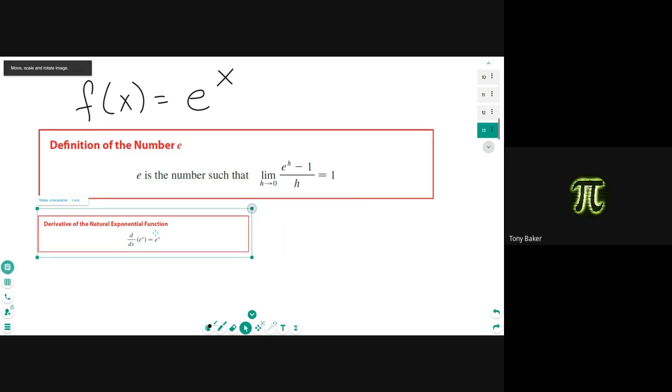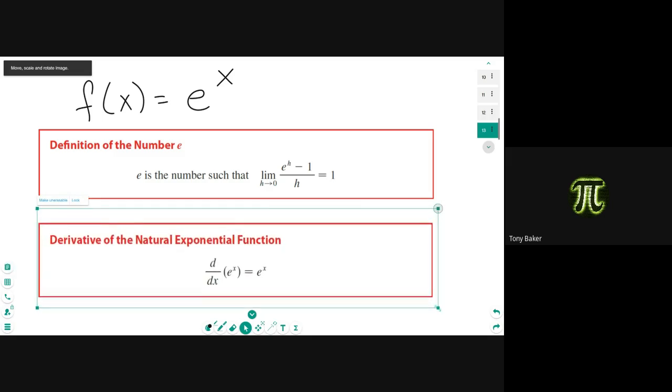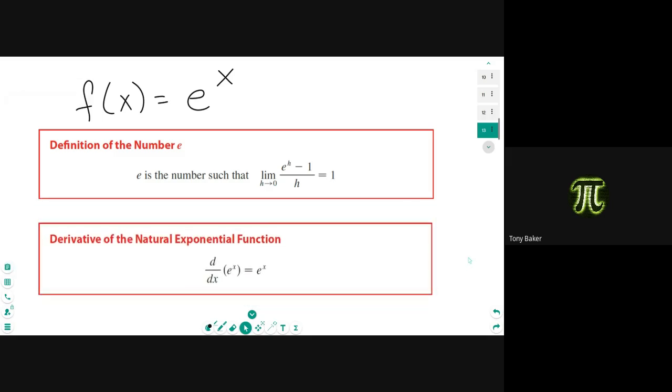But for what we're looking at right now, the derivative of e to the x is actually just e to the x. So f prime of x is e to the x.